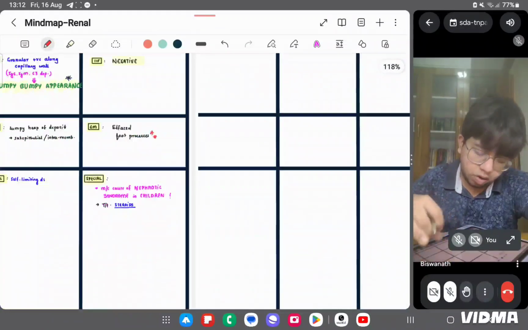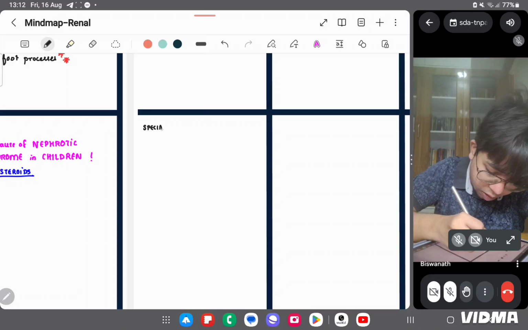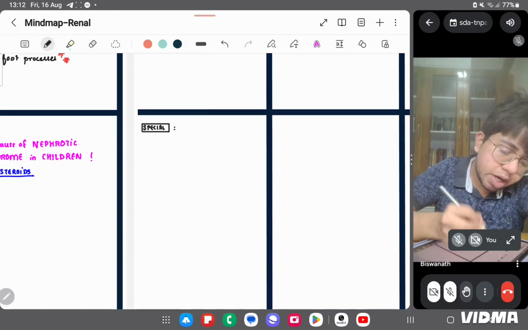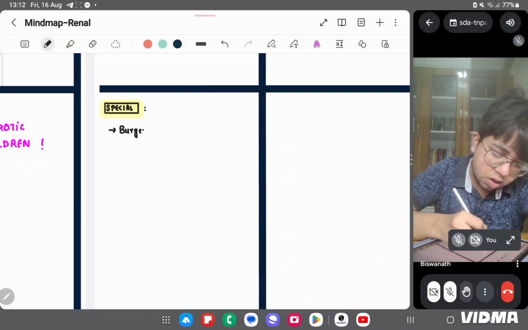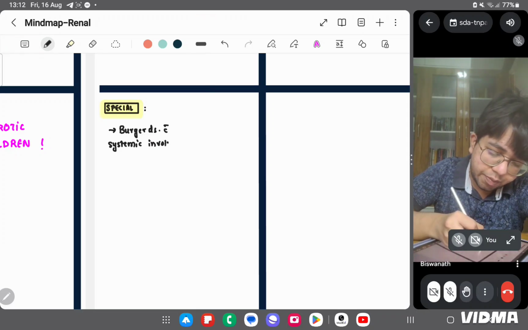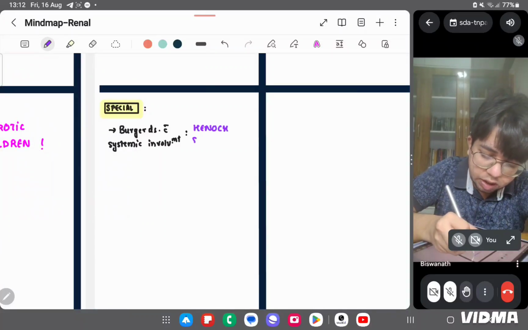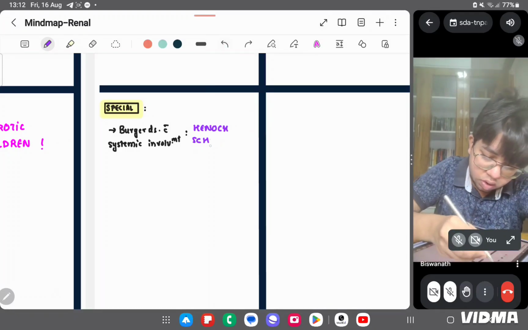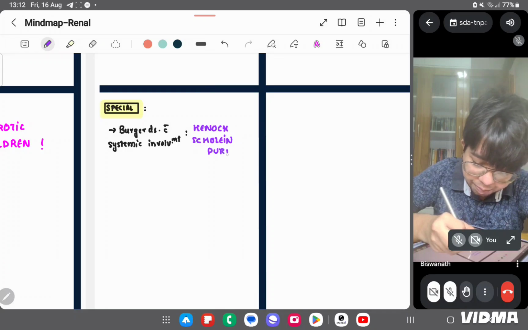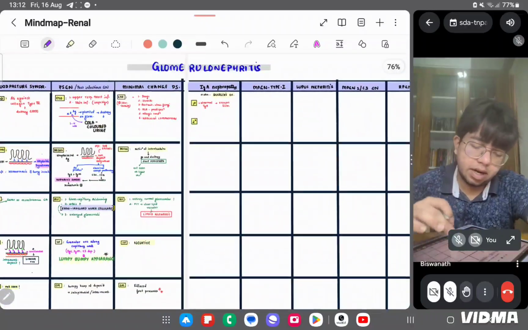Let me go to the special point column and write this. Berger disease with systemic involvement is called Henoch-Schonlein purpura. It is called purpura because the deposition may occur in the vessels.